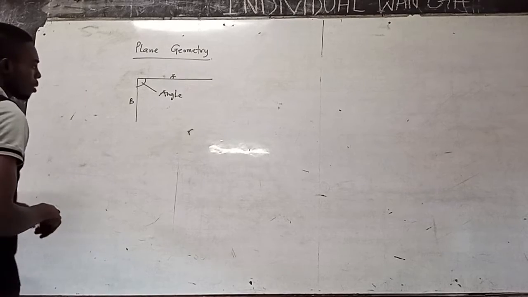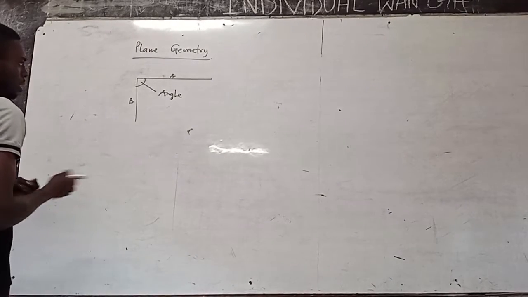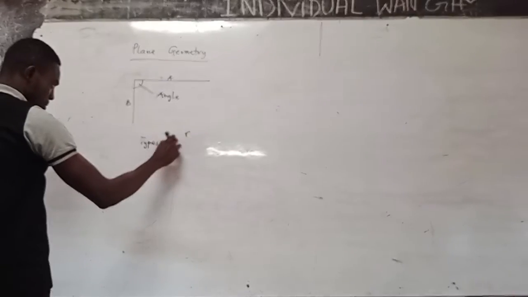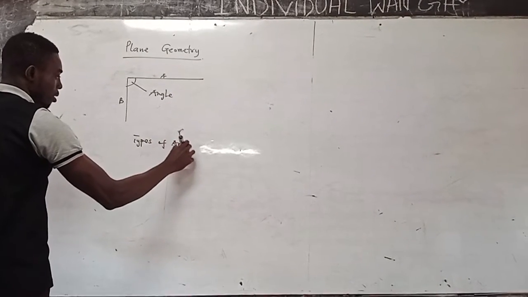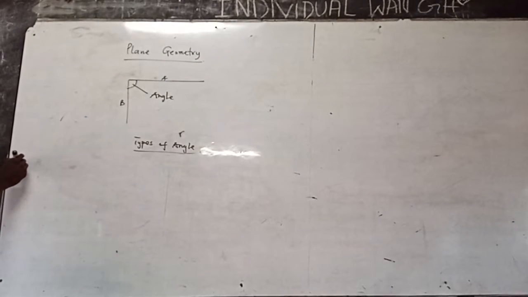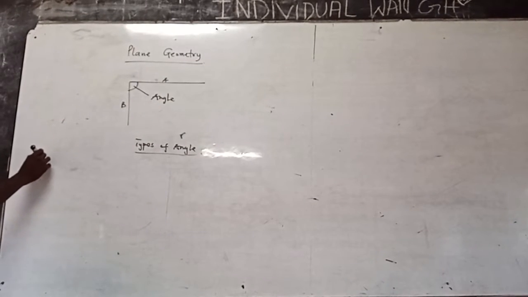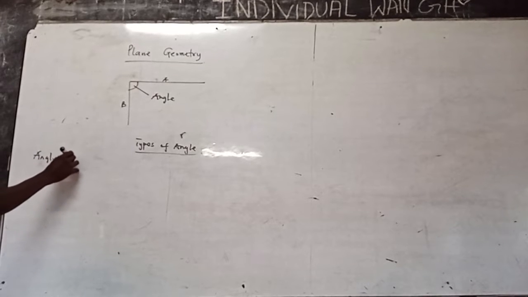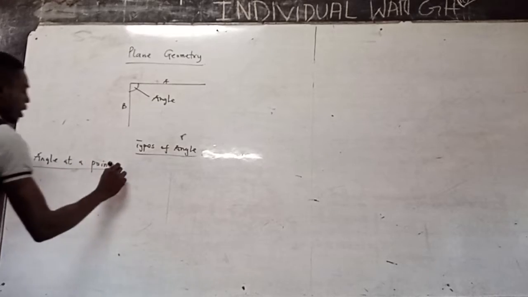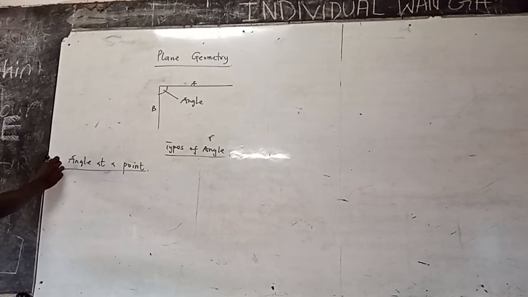So when two lines meet, let's talk about some types of angles. Angle at a point. So angle at a point, first one.